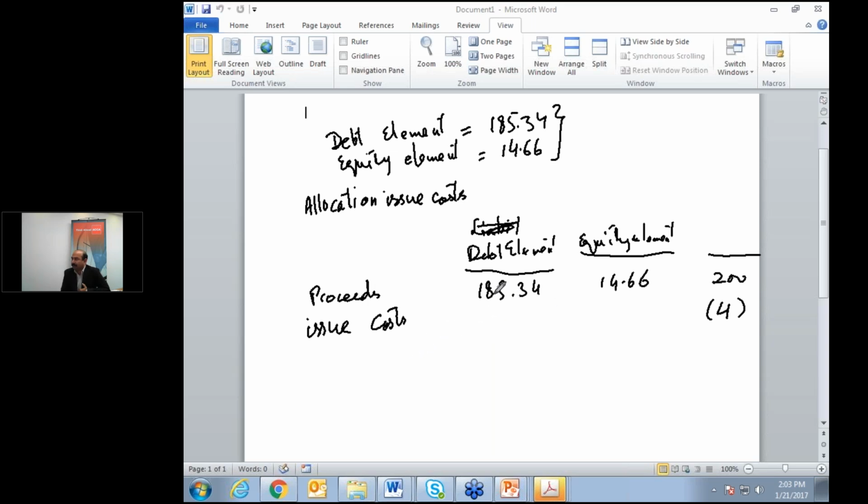For example, for this debt element, the factor will be, but I am afraid my figures will disappear. Okay, I mentioned here small star. So this small star means, not a very beautiful star.